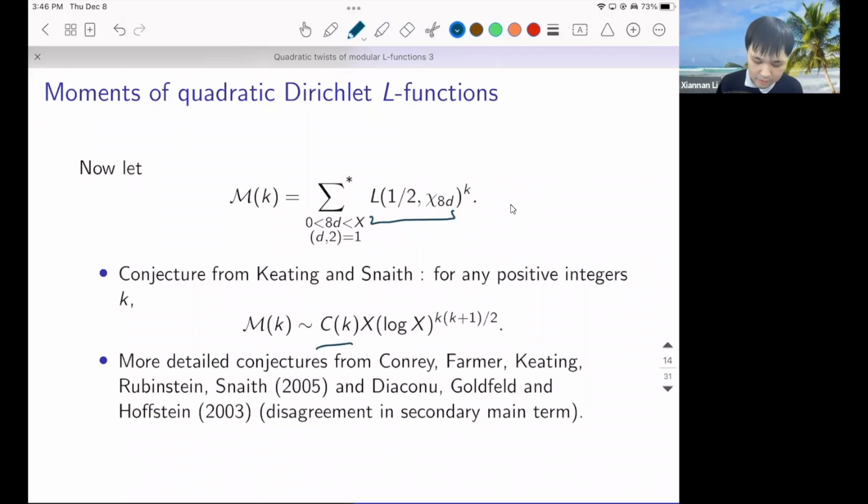The power of log x is different, since the symmetry of the family is supposed to be different. There are some more detailed conjectures from Conrey, Farmer, Keating, Rubinstein, Snaith, and also Diaconu, Goldfeld, and Hoffstein. These are somewhat interesting in the sense that they disagree. Diaconu, Goldfeld, and Hoffstein predict a secondary main term of size x to the 3/4, which is not in the conjectures of CFKRS.